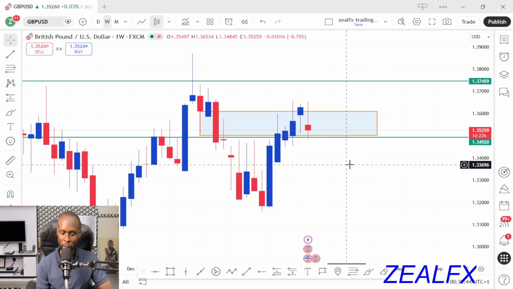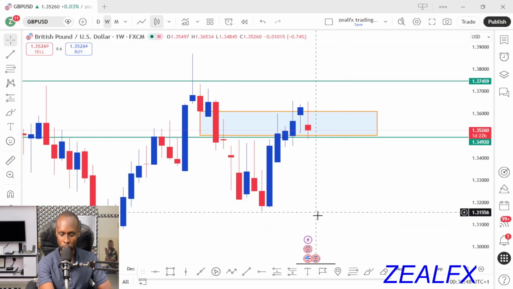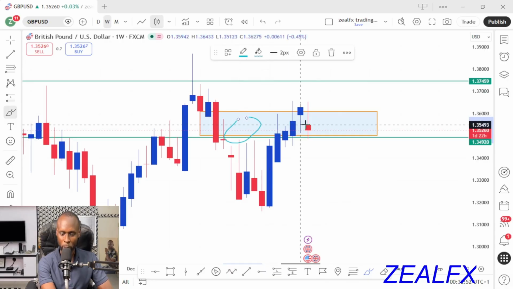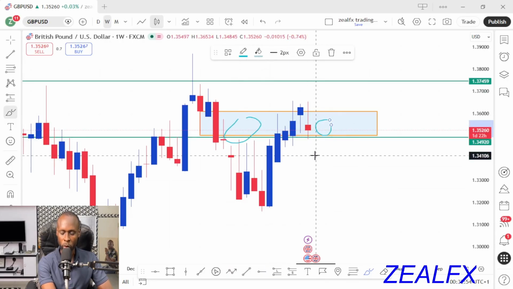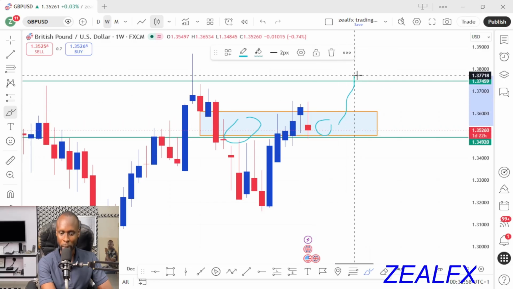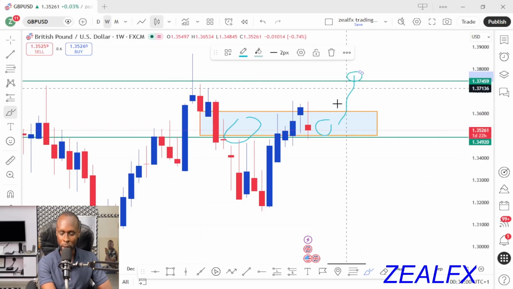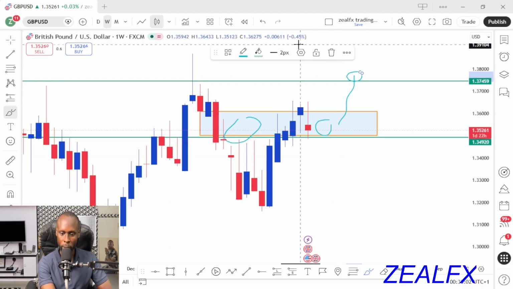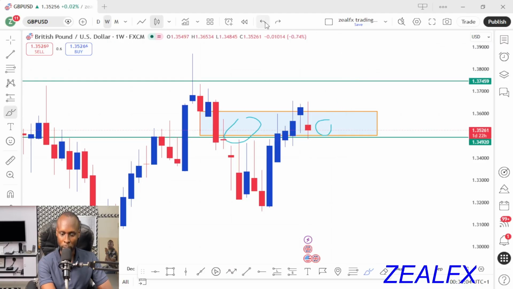So on this pound USD, we have to look out for our possible buying opportunity from this particular zone, because this zone is a strong support level on the weekly time frame, which can push price back to this monthly resistance level on the GBPUSD.